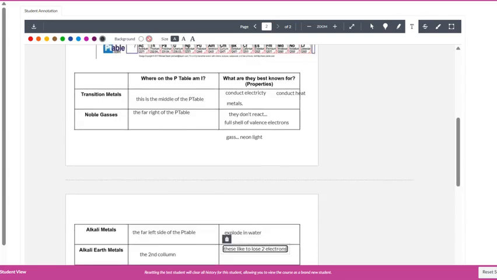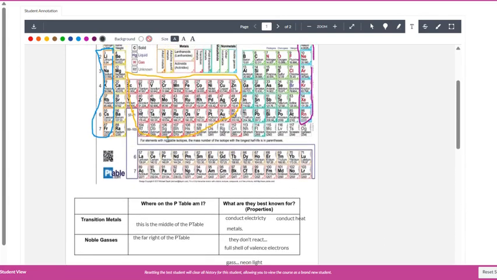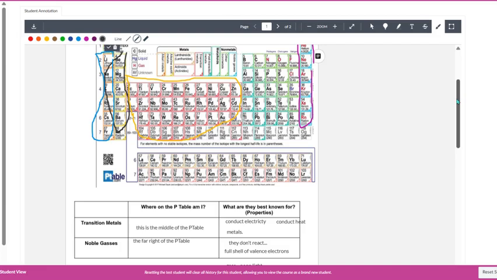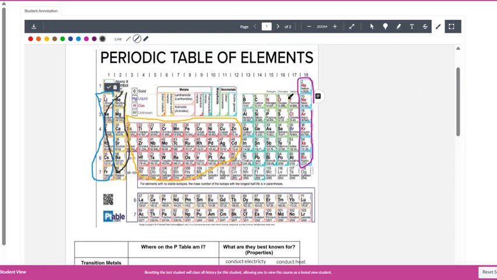If you'll remember that this guy, oxygen, wants to gain 2 electrons, similar pattern. These ones over here, these alkali earth, want to lose 2 electrons. So what you'll end up seeing is this column 2 will really want to bond with this column over here, column 16.